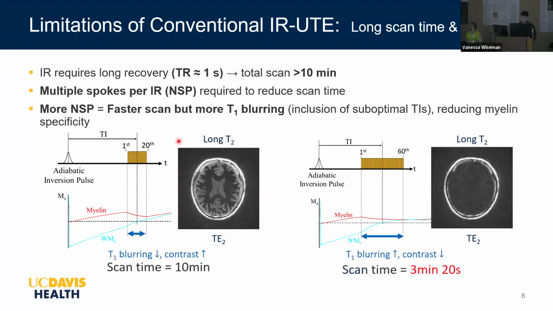If we use 60 NSP to shorten the scan time, it is reduced to 3 minutes and 20 seconds. However, this widened window makes it impossible to fully suppress the long T2 signal.